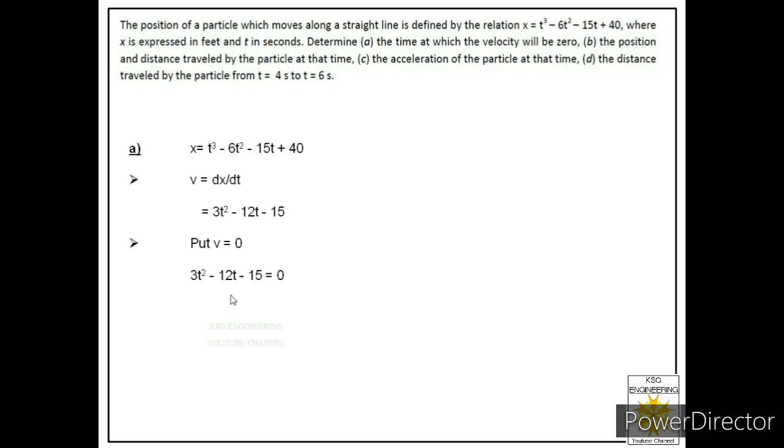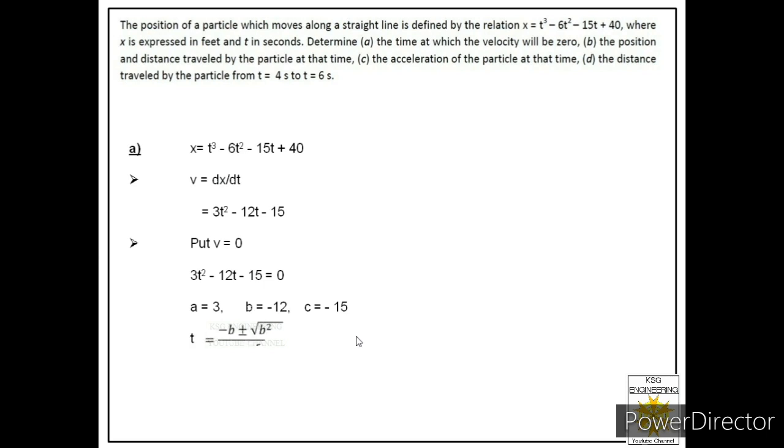A quadratic equation is written as ax square plus bx plus c equal to 0, so here a is 3, b is minus 12 and c is minus 15.